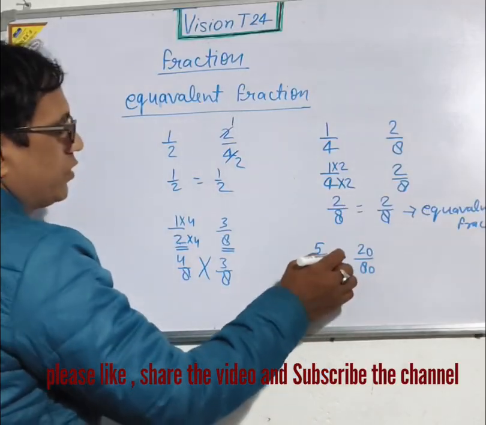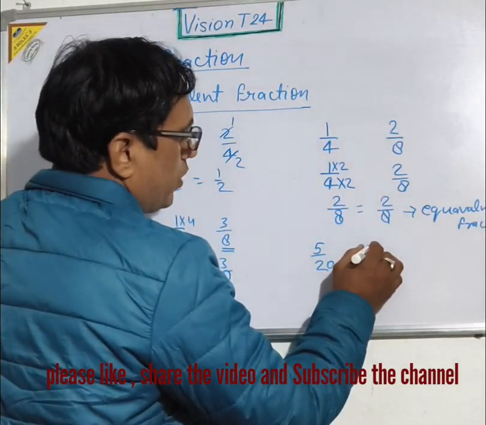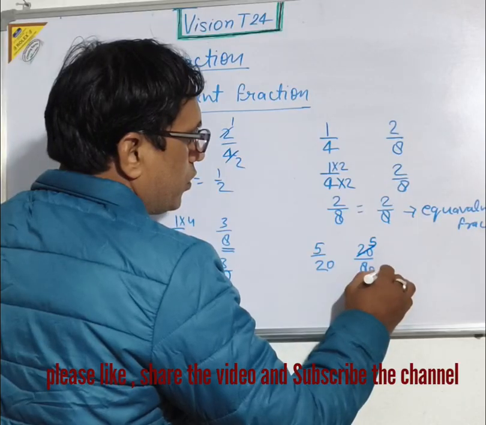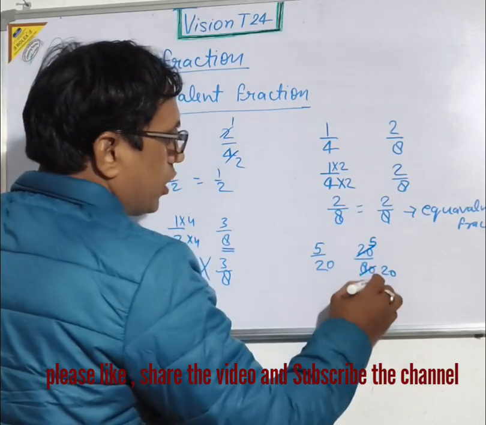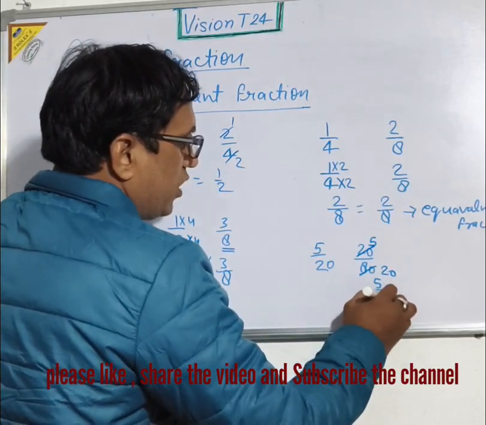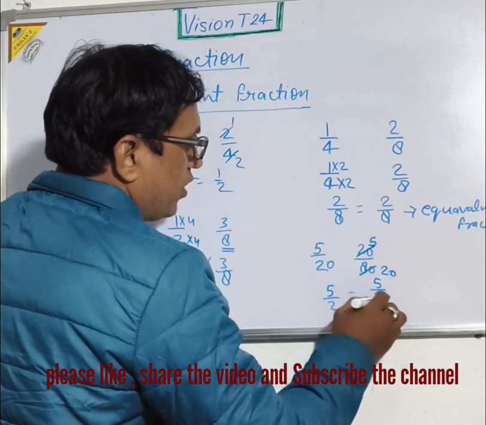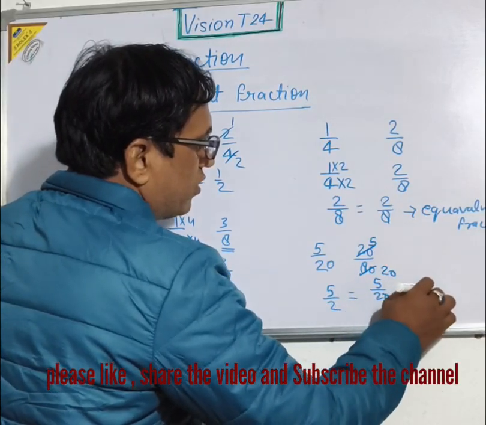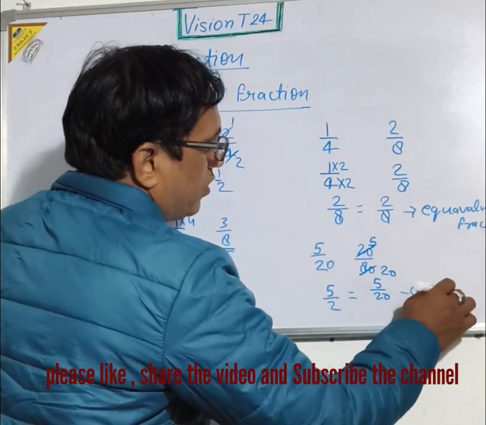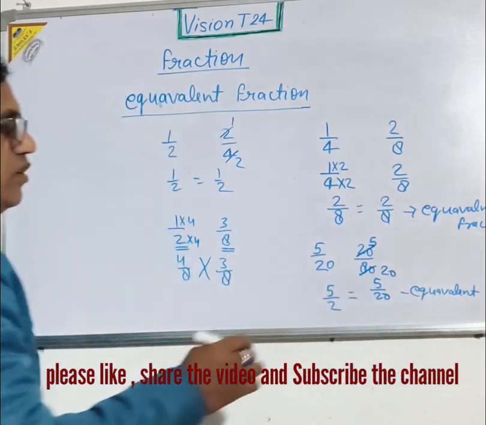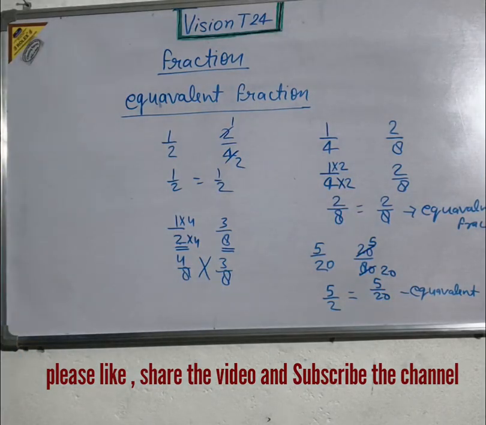Suppose if I simplify this one, divide 20 by 4 and 80 by 4, so it is also coming 5 upon 20 and this is also 5 upon 20. So these are equivalent fractions. Okay, understood?